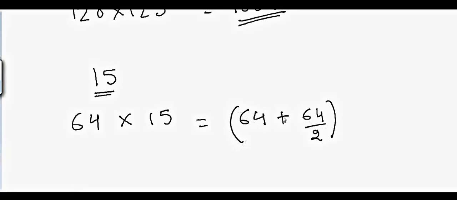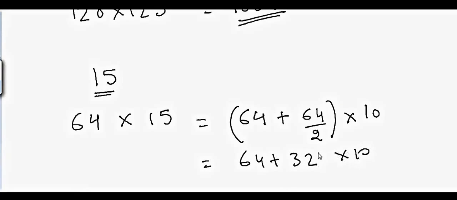So that will be equal to 64 plus 32 into 10, and that's equal to 96, right? So let's do it quickly. Suppose I have 44 and want to multiply by 15. Half of 44 is 22, so that will be equal to 66, and then a 0, so that will be 660.